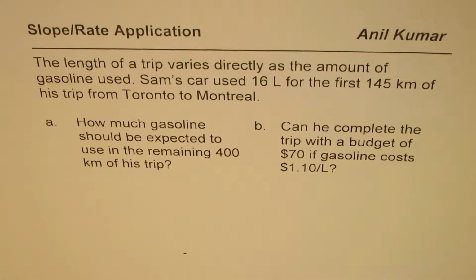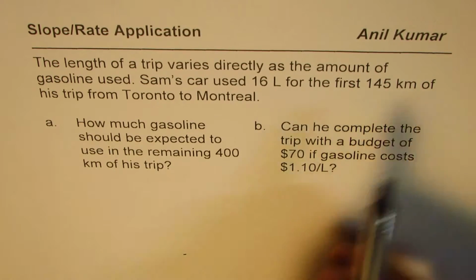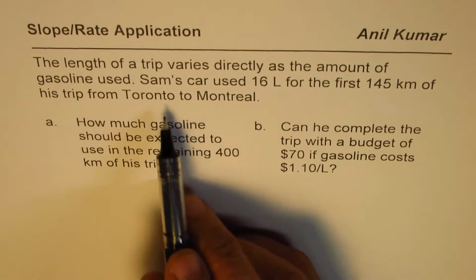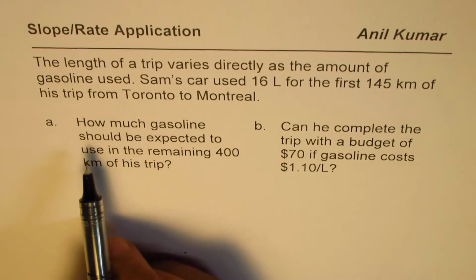The question here is, the length of a trip varies directly as the amount of gasoline used. Sam's car used 16 liters for the first 145 kilometers of his trip from Toronto to Montreal.